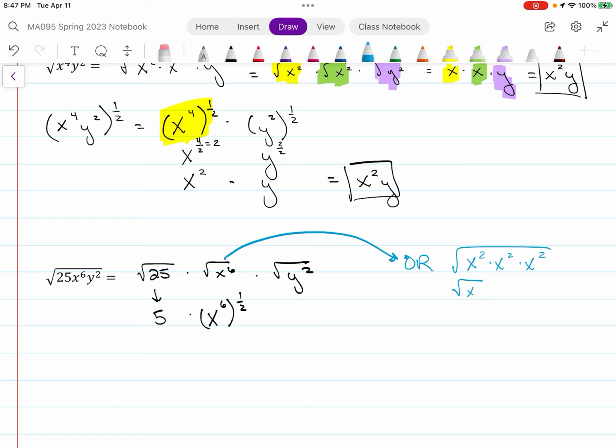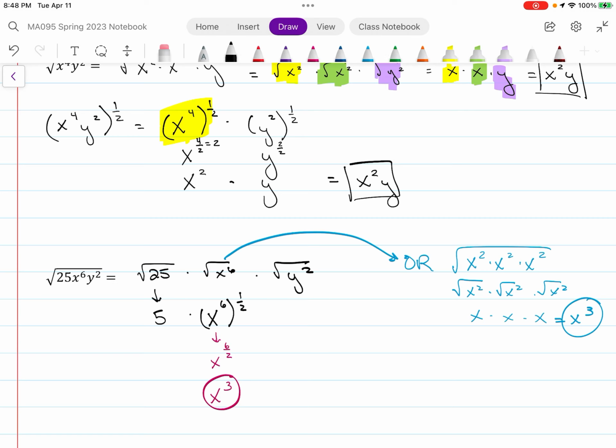So you've got the square root of x squared times the square root of x squared times the square root of x squared, which becomes x times x times x. All right, so that's another way to look at it. But what I'm doing here is x to the 6 over 2, which is x cubed. So here we get x cubed, and here we get x cubed. It doesn't matter which way you think about it. It means the same thing in the end.